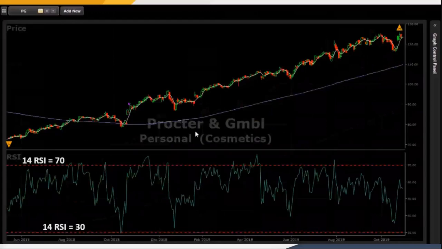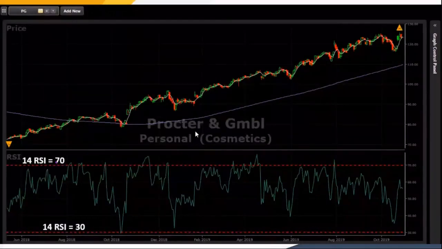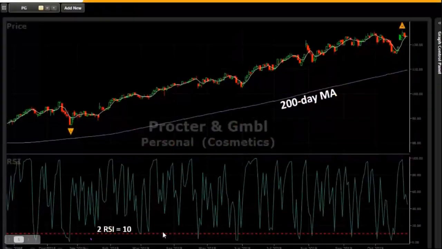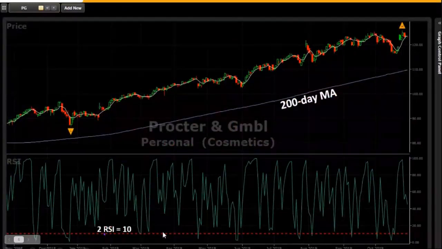So normally the default RSI on your programs is usually a 14-day look back and a 70-30 overbought, oversold. So what we've done in this is we've changed it to a 2-period RSI look back and moved this down to 10 instead of the 30.